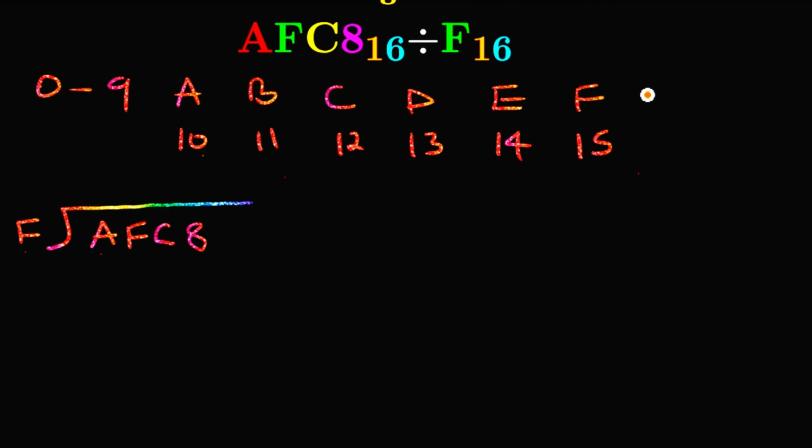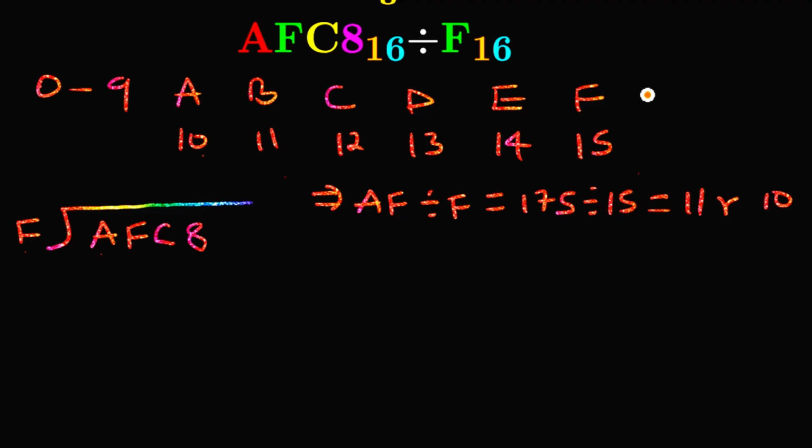So we'll have AF divided by F. In decimal, that is the same as 175 divided by 15. So 15 goes into 175 11 times with a remainder of 10. So it goes into 175 11 times, which is 165.